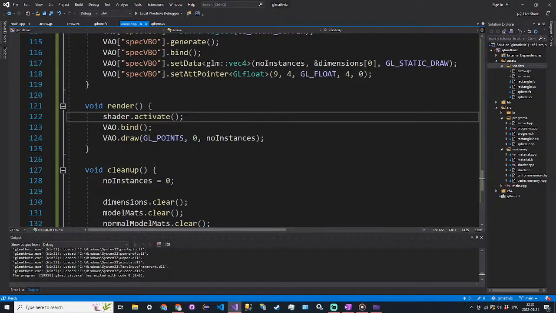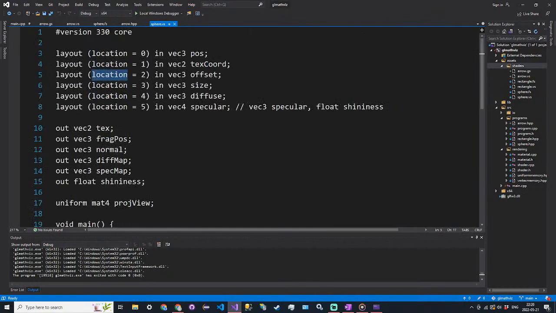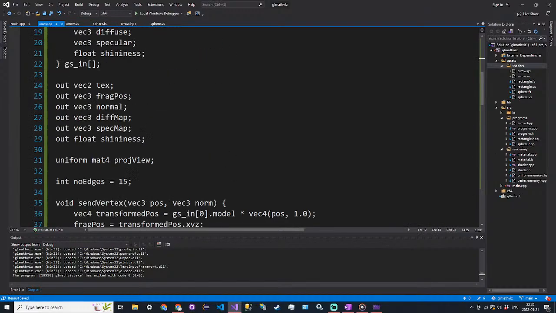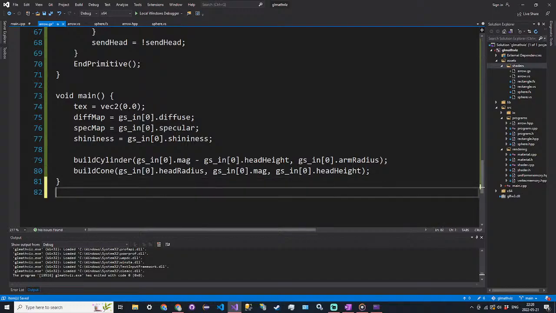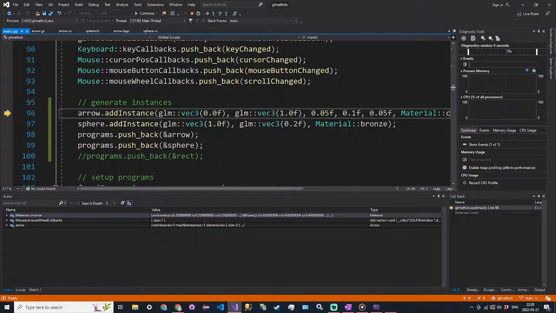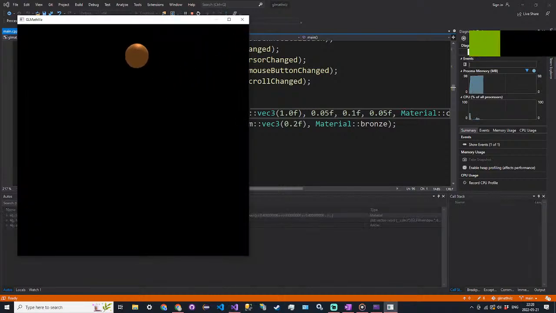I don't know if it likes our shader. This might be another shader issue. Let me just put a new line there, and a new line there. Nope. This is so embarrassing.